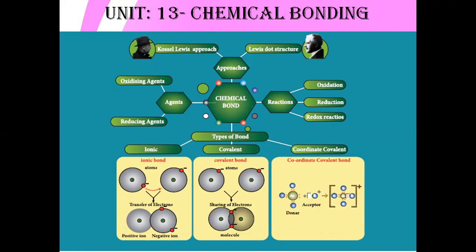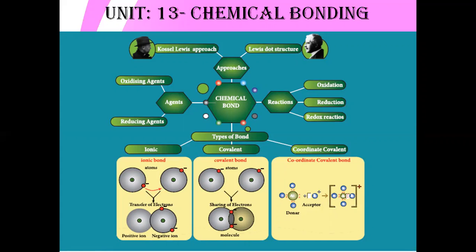These atoms are bound by a force of attraction, and that force of attraction is called a bond. This bond involves the loss and gain of electrons. These are proposed by the Kossel-Lewis approach and the Lewis dot structure.